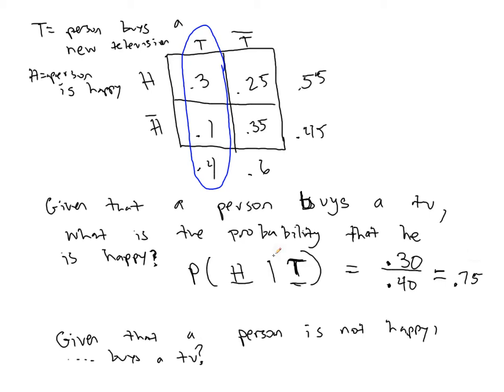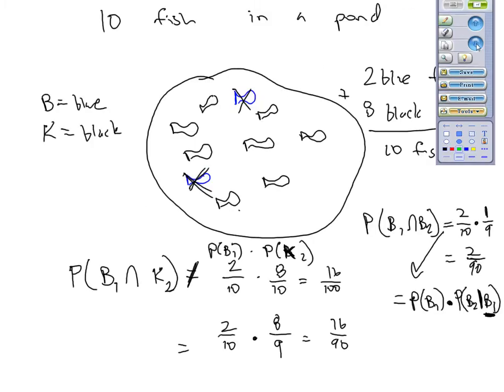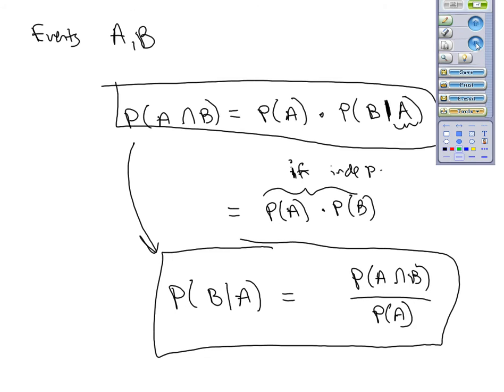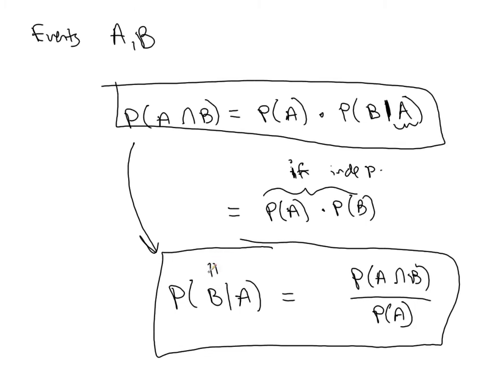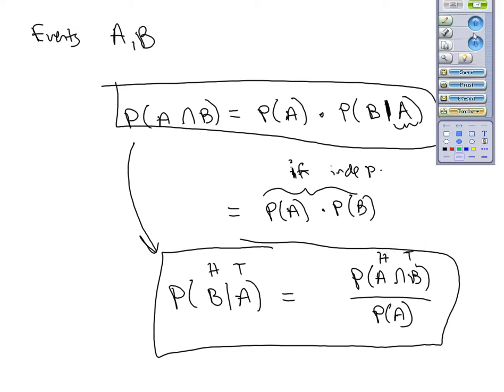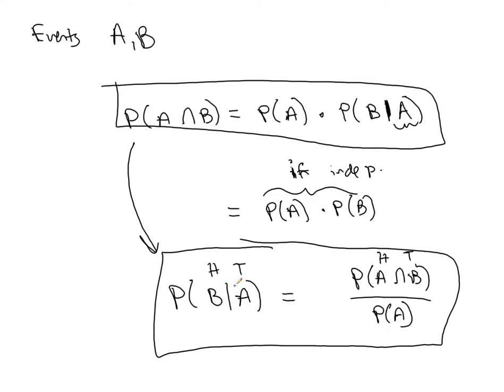Okay, so notice what we did here. We actually used this rule over here, this idea that the probability that you're happy, given that you buy a television, is the probability that you're happy and you buy a television, that's the 30%, divided by the probability that you buy a television.